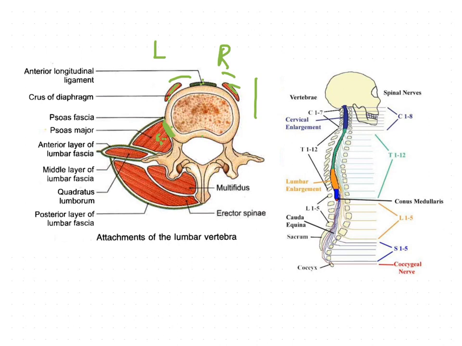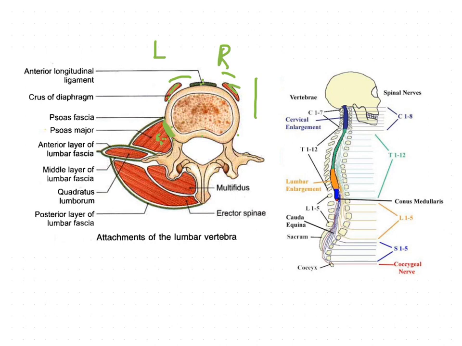Okay, so these are all the attachments and relations of the lumbar body. Here you can see the tendinous arches, where all these lumbar vessels and gray rami communicantes from the sympathetic chain pass deep to these arches. Okay, so this constricted part is present on either side.